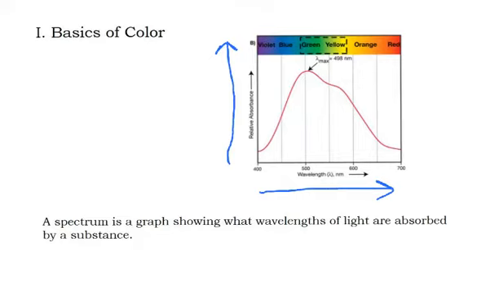This is just a graph showing what wavelengths of light are absorbed by a substance. At 400 nanometers the absorbance is pretty low. It starts increasing as we get up to about 500 nanometers, then drops off. There's a little bump at around 575. We call that a shoulder.